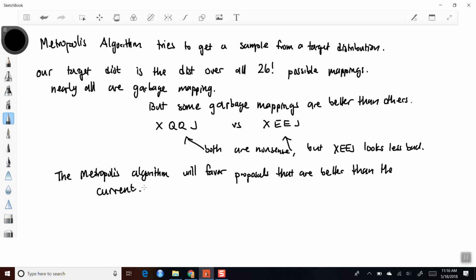But it's also not strictly that every step has to improve, right? It's not that every step has to improve because you might have some other proposal that isn't as good, but the Metropolis algorithm will accept ones that are worse, just at a lower probability, okay?